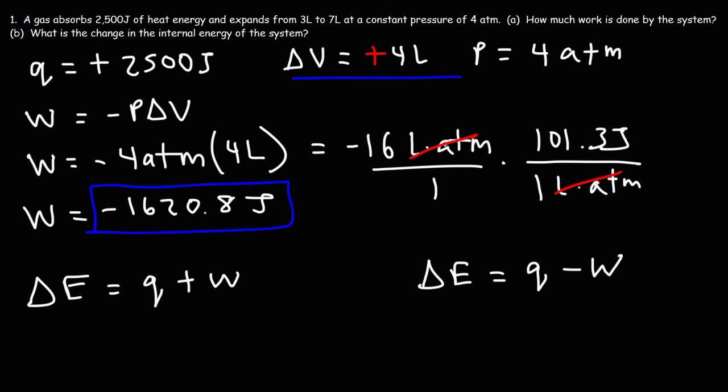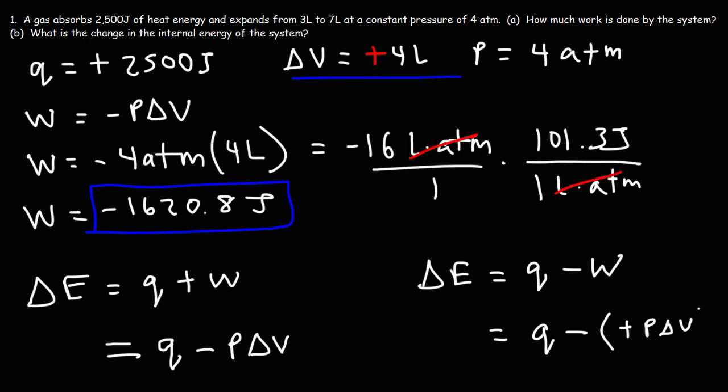Now you might be wondering, why the confusion? Well, in chemistry, W is equal to negative P delta V. In physics, W is equal to positive P delta V. So even though these two signs are different, the equations for W are also different for chemistry and physics.